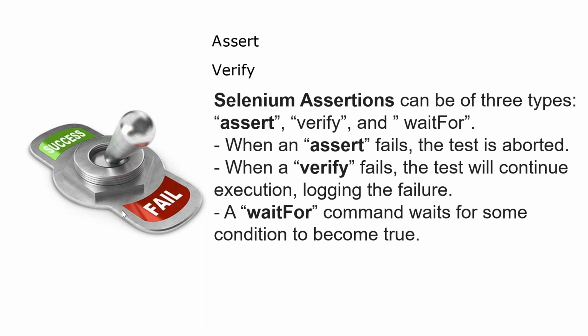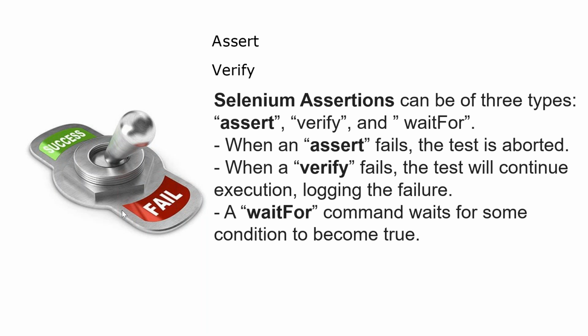Assert is something where, when the assert fails, that means when the verification fails, the overall test is aborted. So when you use assert, if one fails, it is aborted. But when you use verify, when verify fails, the test will continue execution and log the failure. And the third one, the wait for command, waits for some condition to become true and then continues.